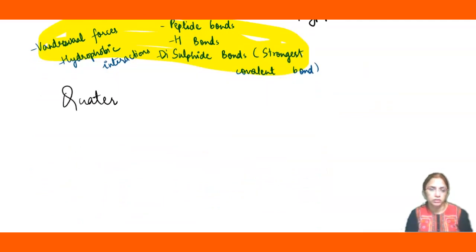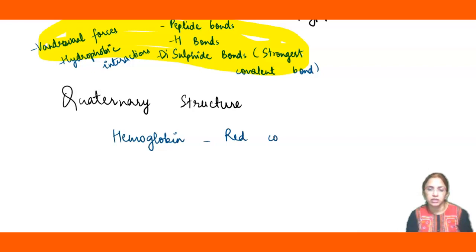Now, quaternary structure is one in which we require more than one polypeptide. Okay. So, hemoglobin is a very important example of it, and hemoglobin is a red colored pigment of the human blood.